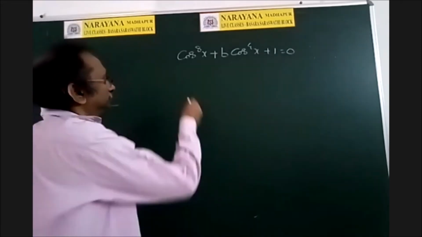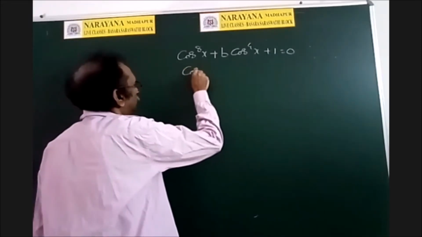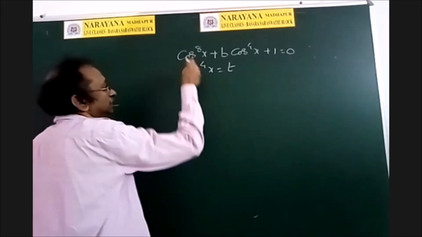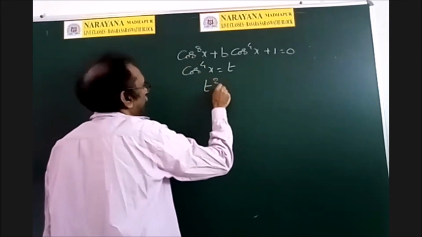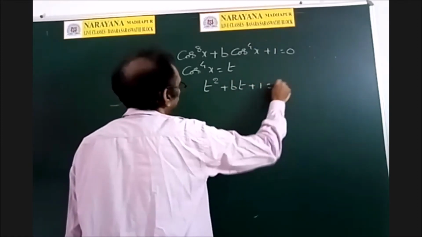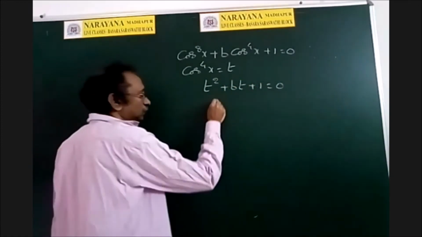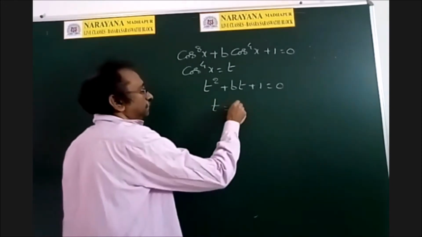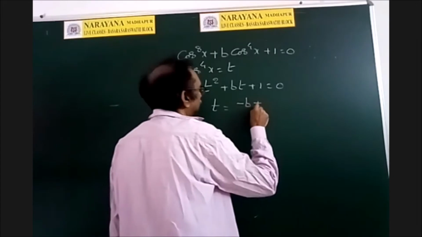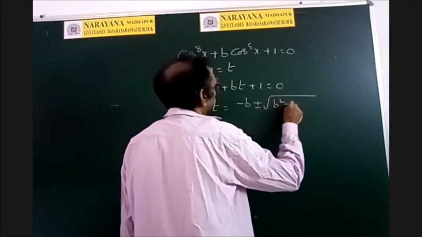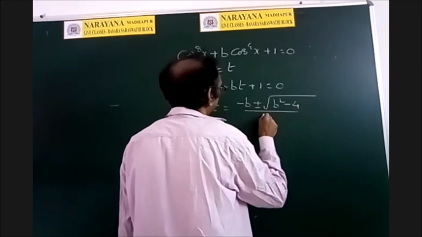That is the question. Suppose cos power 4x is equal to t, then this equation becomes t square plus bt plus 1 is equal to 0. So this is a quadratic equation. So the solution for t is minus b plus or minus root of b square minus 4ac by 2a.